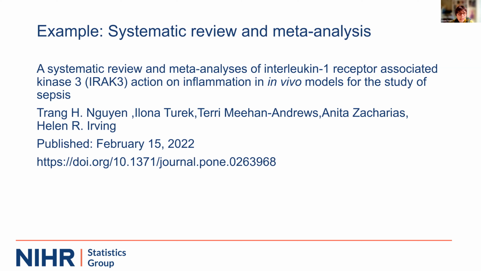But I felt that this was quite a nice one, and it also has a comparison of means as the effect size, so it ties in rather well with Alice's introduction. This particular work is a systematic review and meta-analysis of the receptor IRAK3 and its action on inflammation in a number of models for the study of sepsis.